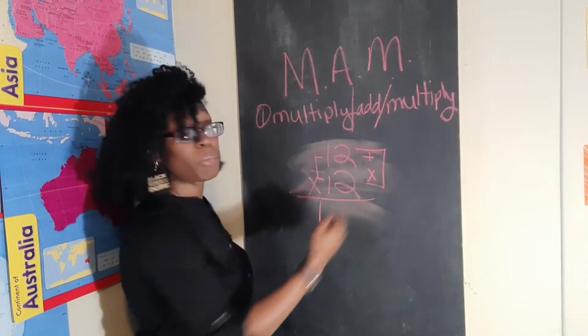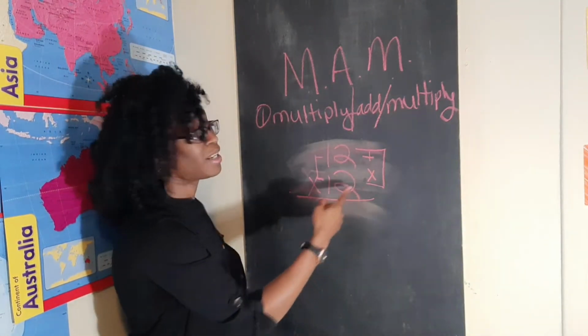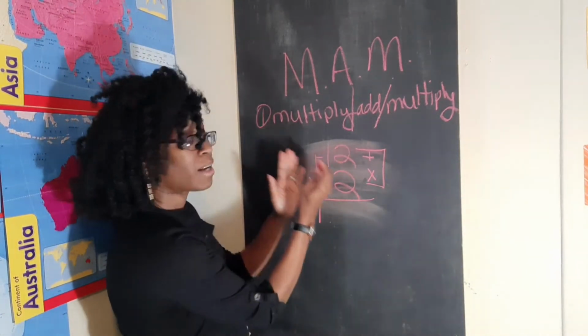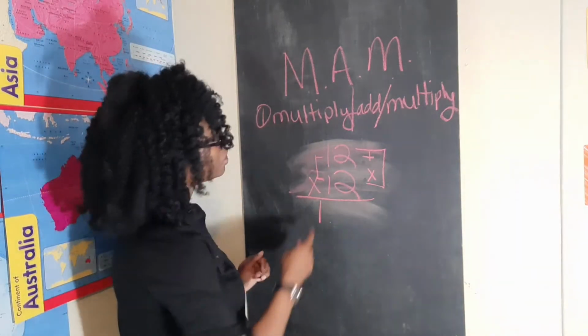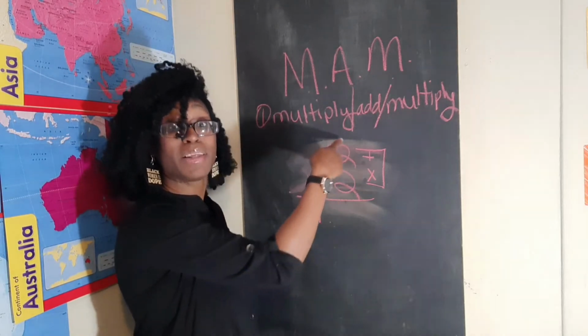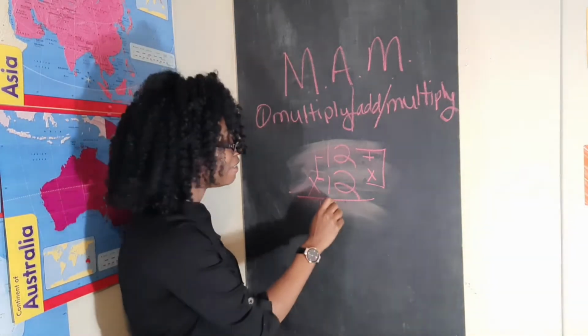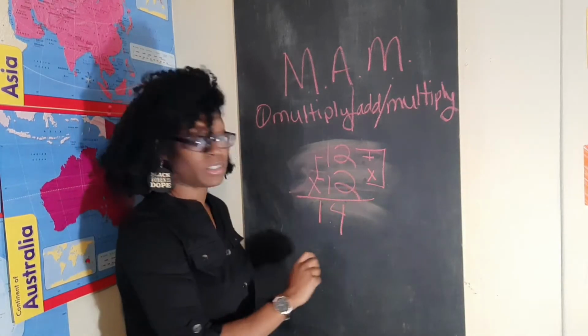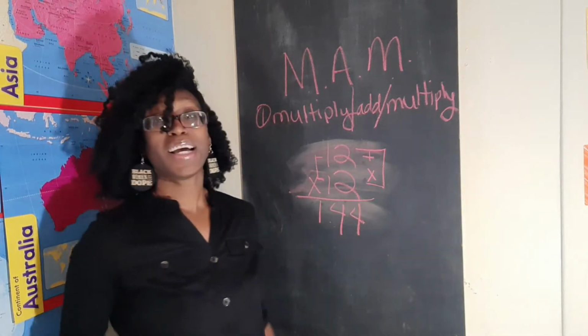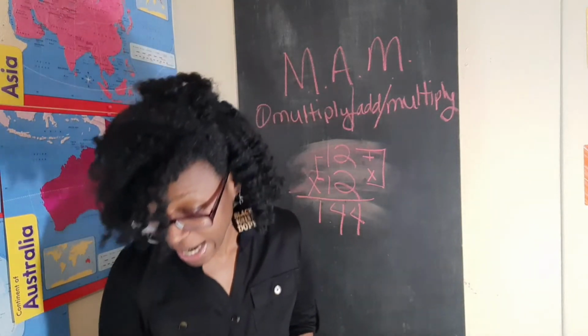These are the operations that we are using for your second column. So the MAM method goes by columns, okay? You multiply your first column, you add the second column, and then multiply that same column. So 2 plus 2 is, you got it, 4, and 2 times 2 is, you guessed it, 4. Simple, right? Okay, let's try another one.